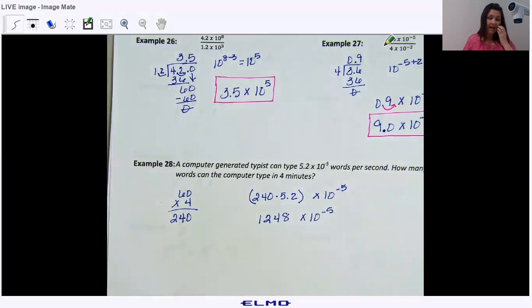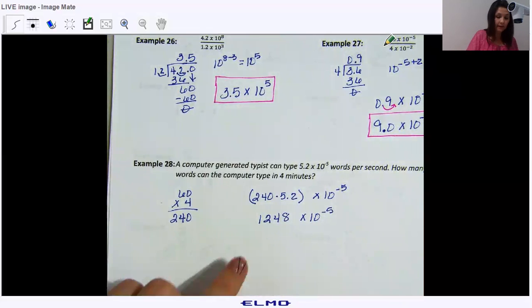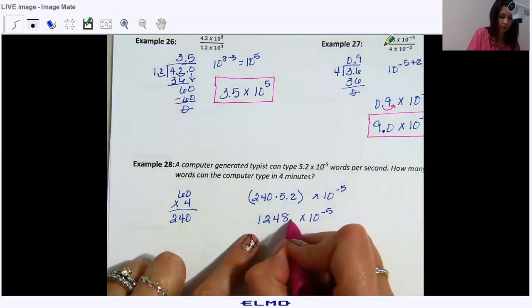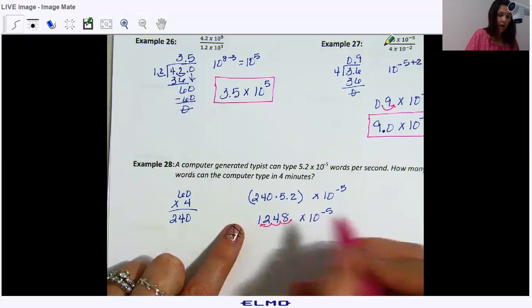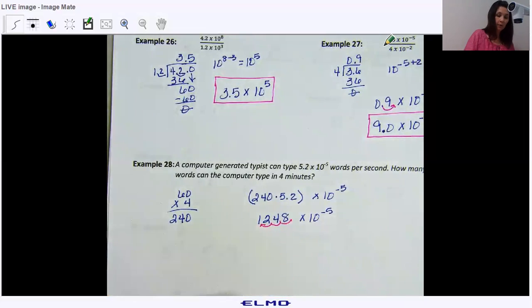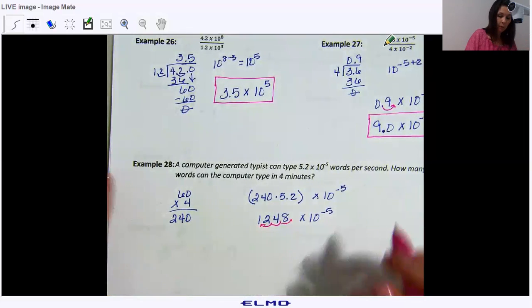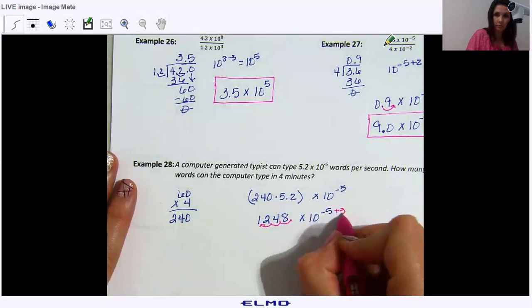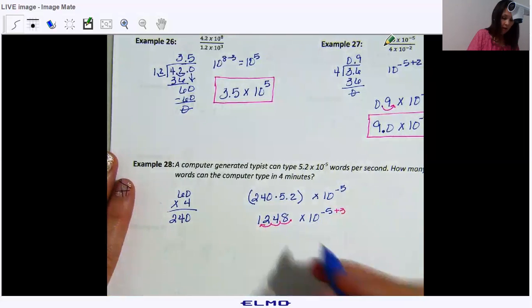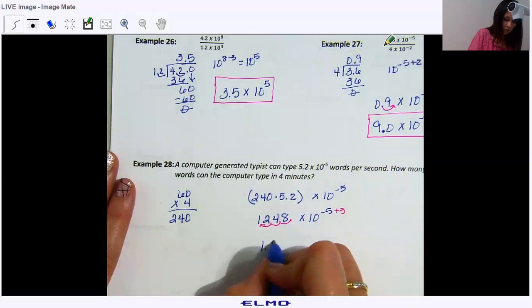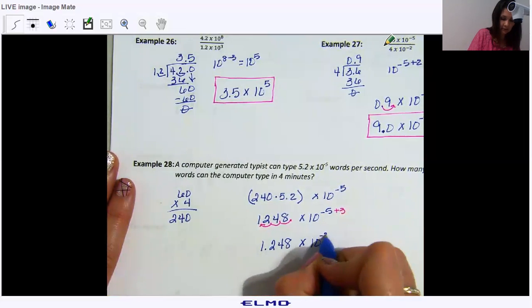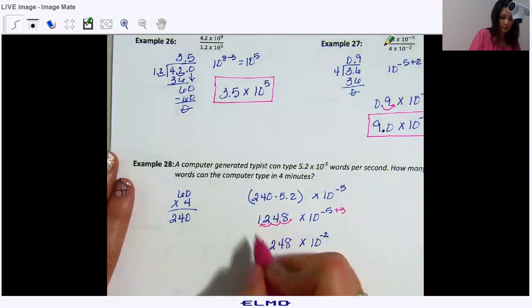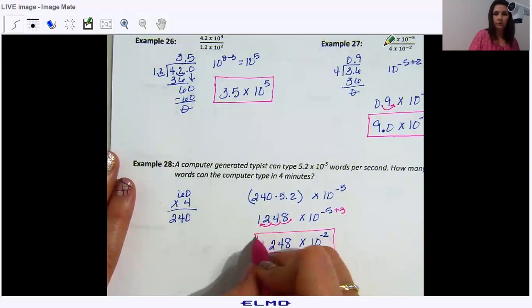Now in this case, I am going to have to move my decimal over 3 times because there's no decimal there. So we put it at the end, 1, 2, 3. I moved it 3 places to the left. So I'm going to add 3 to my exponent and I end up with 1.248 times 10 to the negative 2nd power. And this is my final answer for that one.